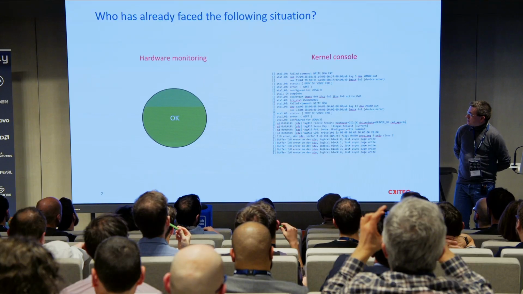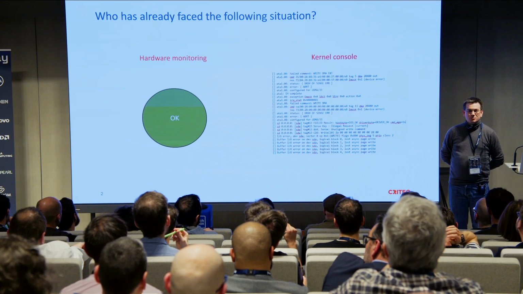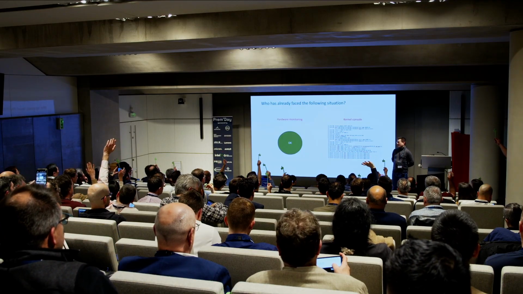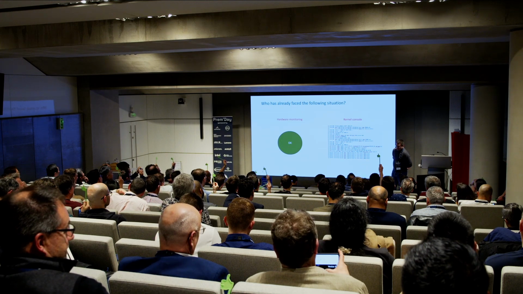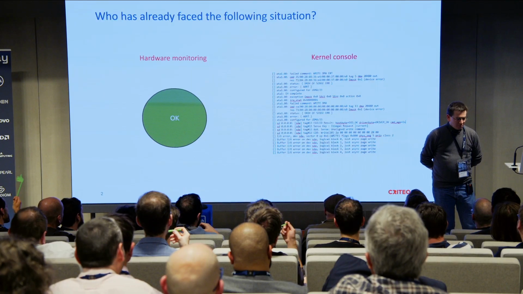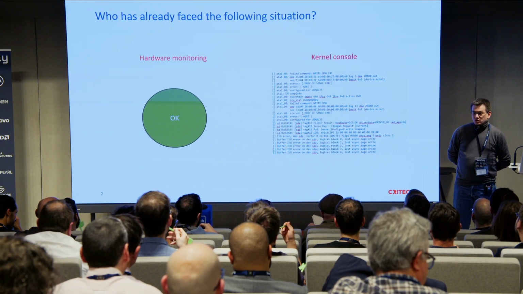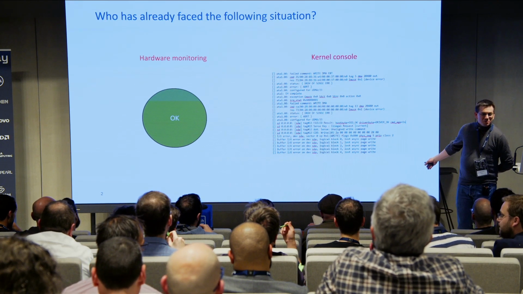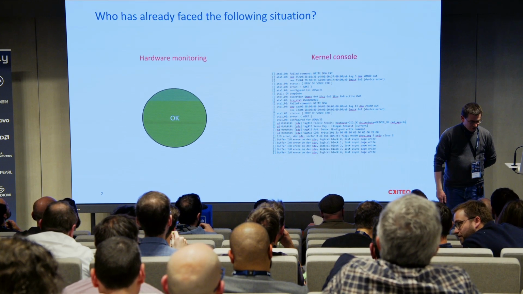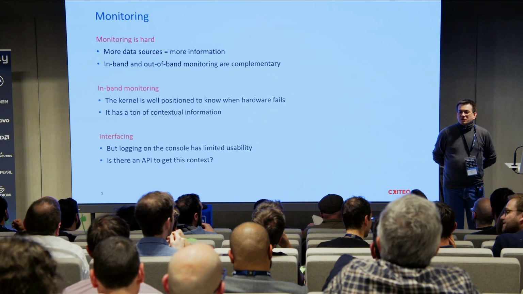Who has already faced this situation? Your monitoring tells you that everything is fine, and your users are complaining because there is something very strange on the kernel console of your server. That happens quite often. So, monitoring is hard.